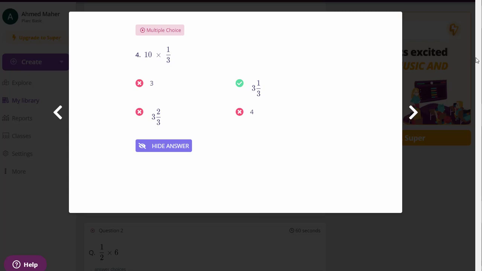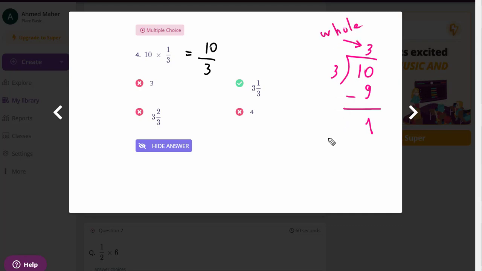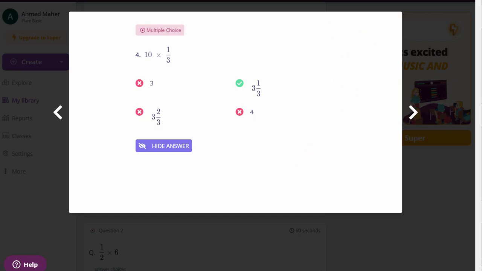So for this one, my heroes, it is 10 thirds, and when you divide it, 10 divided by 3 equals 3. 3 times 3 is 9, subtract, 1. So the whole number is 3, and the remainder is the numerator. Okay, let's move to the next one.